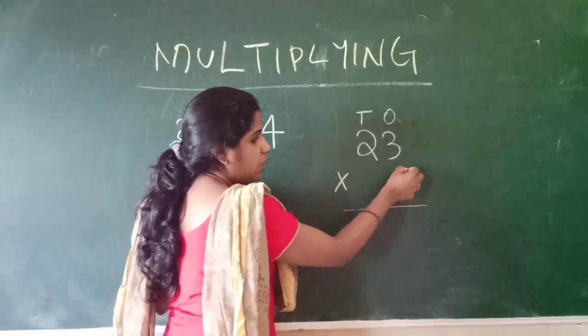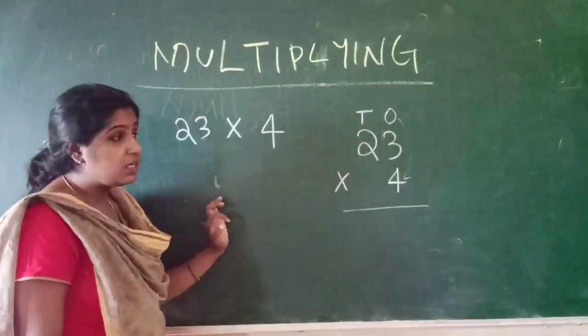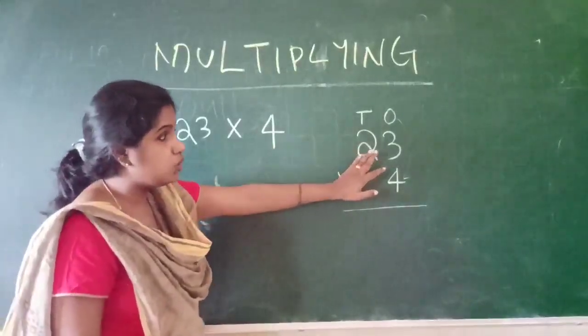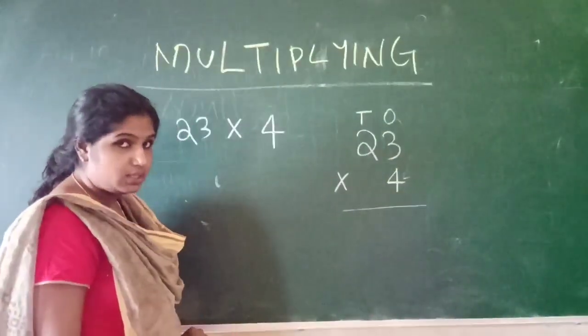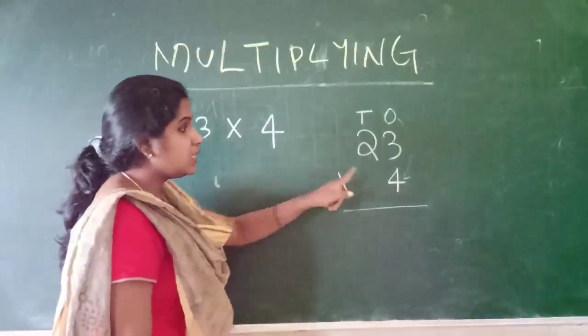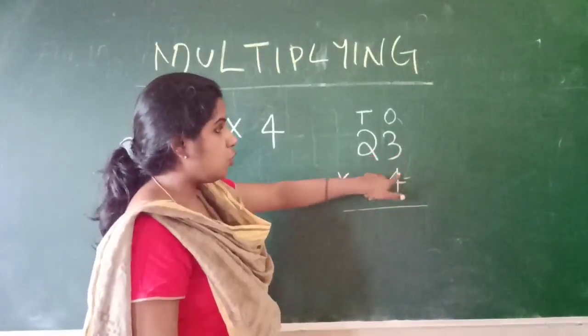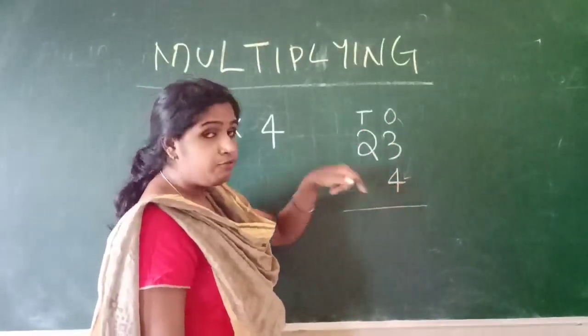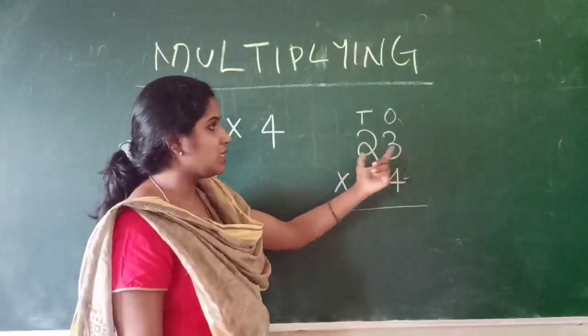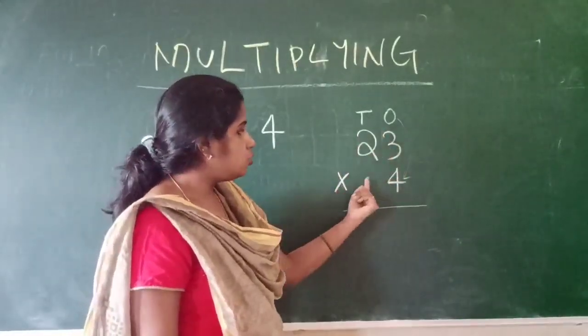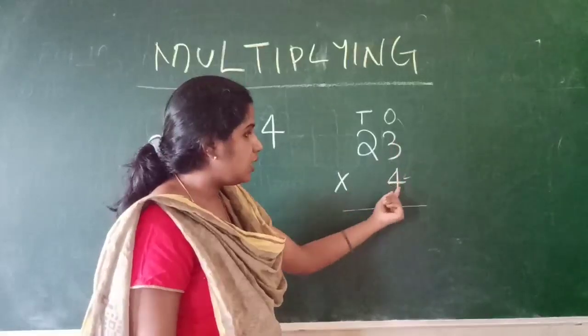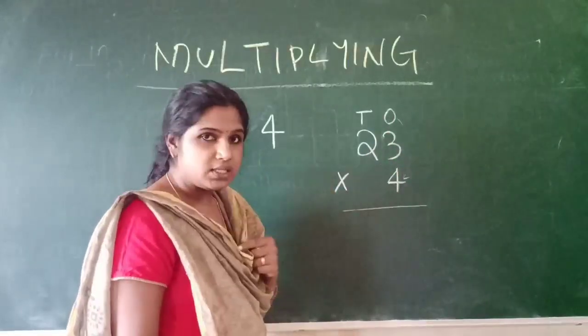When you multiply a 2-digit number with a 1-digit number, you have to write the 1-digit number below the ones place of the 2-digit number. Like this, 23 into 4. The 4 is under the 3, that is the ones place.